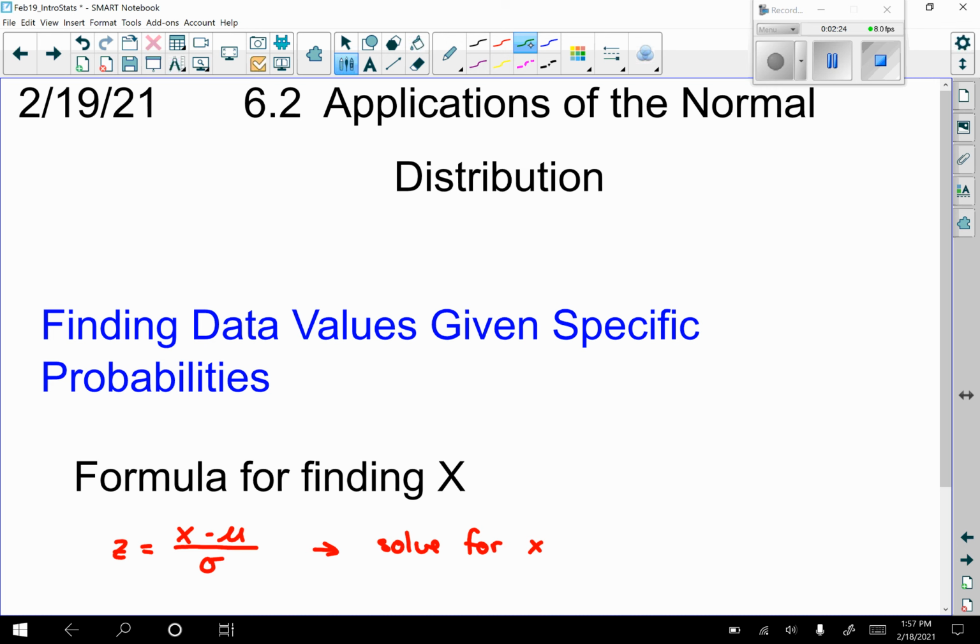So that means I'm going to multiply both sides by the standard deviation. So z times the standard deviation is going to be x minus mu. Solve for x, just flip this around. So x is going to equal z times our standard deviation plus mu.